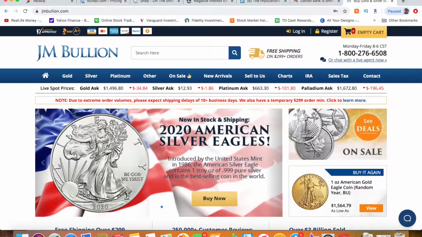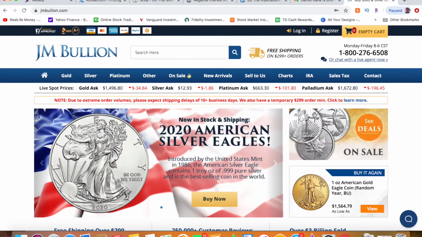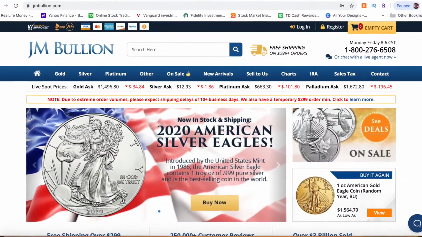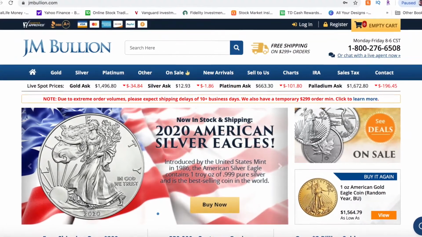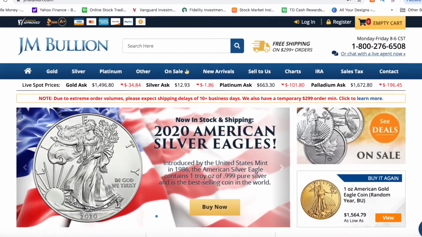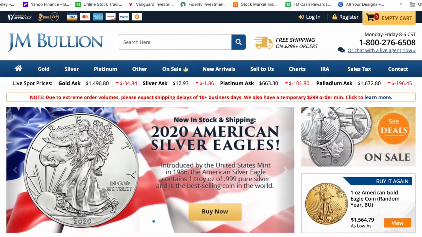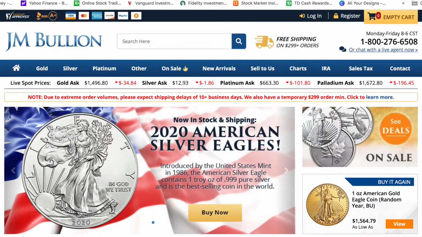However, I do have to put this out because with this rate cut to 0%, so you're getting nothing at the bank, people are starting to look at these safe haven assets. And let me show you exactly what's going on. I looked into the websites that I usually use to buy these things, and you could see there's an extreme volume of orders with these businesses and companies. You can see they're delayed for 10 plus days, minimum order of $300.